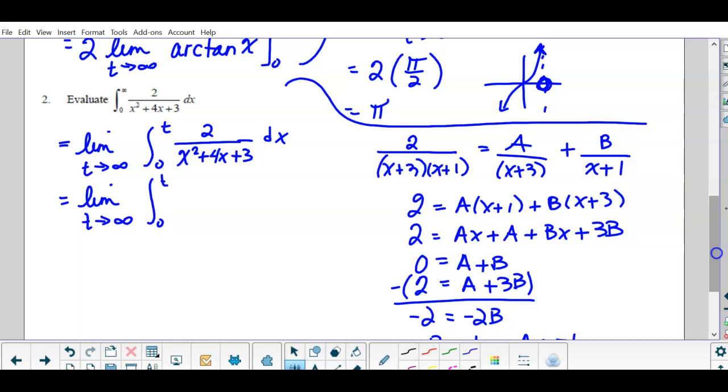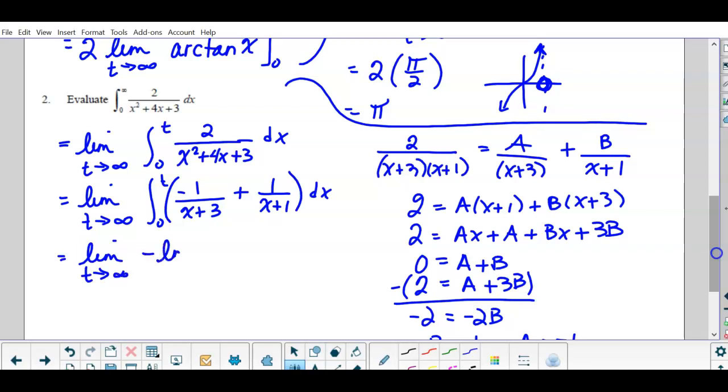So that's going to be, what did I just say? A was -1, and B was 1. Okay, then integrate that. That's going to be negative ln of x plus 3 plus ln of x plus 1.